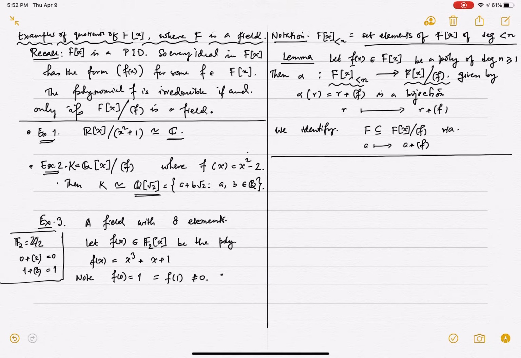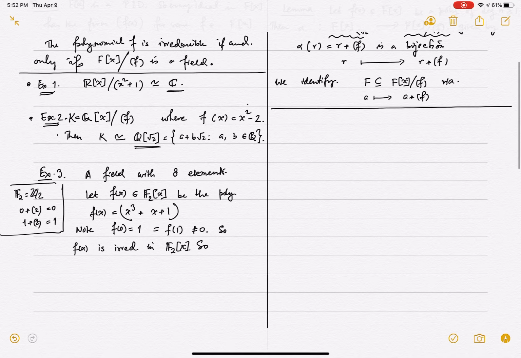And then a cubic polynomial, if it factors, will have a degree 1 and a degree 2 factor. But if it has a degree 1 factor, then it would have a root in F2, but it doesn't. So this argument we have done before implies f(x) is irreducible in F2[x].